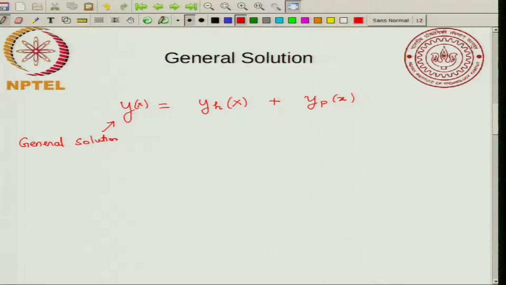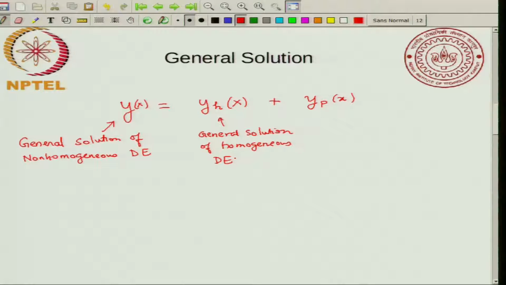Here y is a general solution of the non-homogeneous differential equation, y h is the general solution of the homogeneous differential equation, and y p is any particular solution of the non-homogeneous equation.